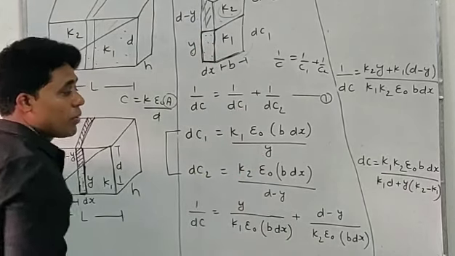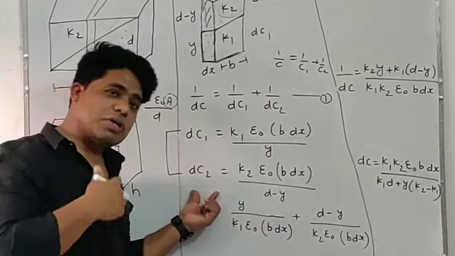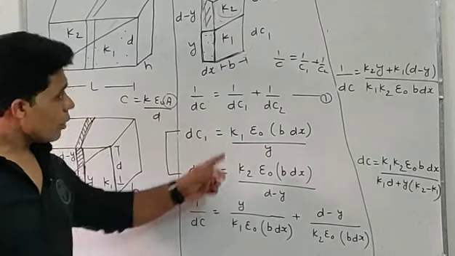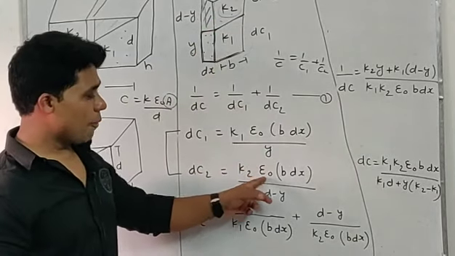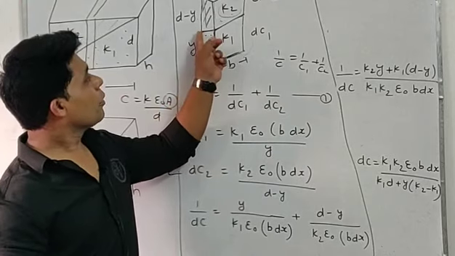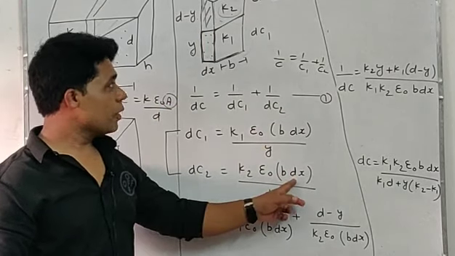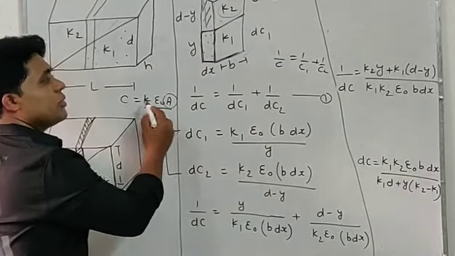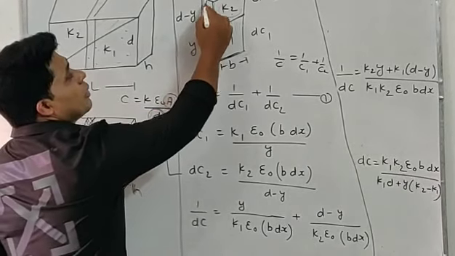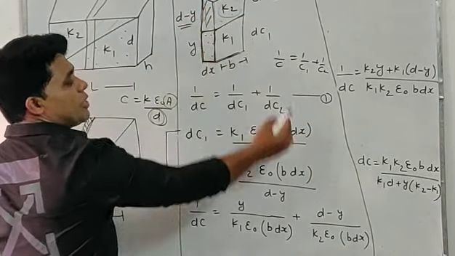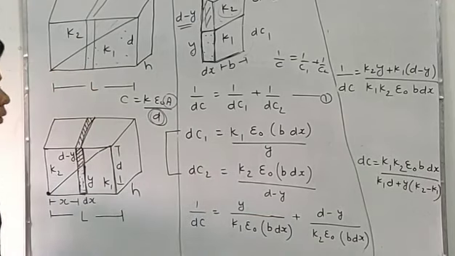So we write y. Similarly, what is the small capacitance of the second medium? Its dielectric constant is K2, epsilon naught times area dx into b, and the separation, or depth, of this second medium is d minus y. We write d minus y.